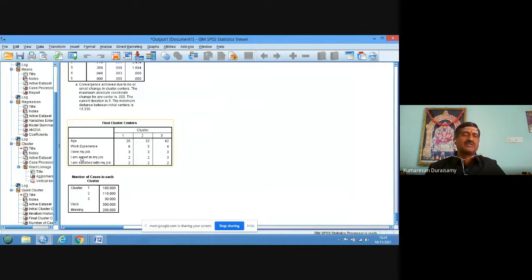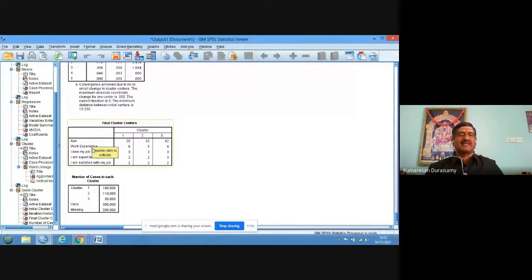Based on attitude towards job, I love my job, I'm an expert in my job, I'm satisfied with my job, from these variables also, we have clustered the samples. Now look at the first 2. 3, 4 and 5 need not be considered because these 3 are ordinal data. Only these 2 are important.